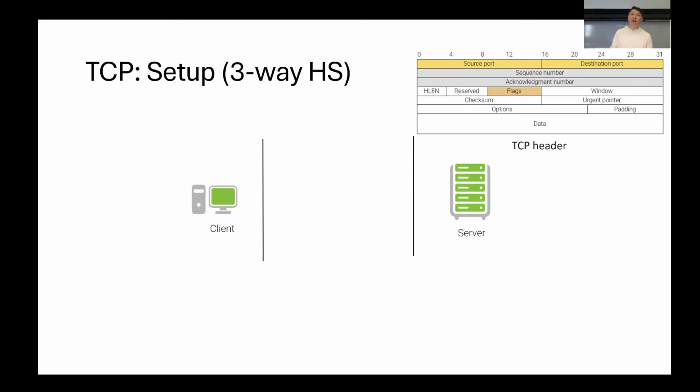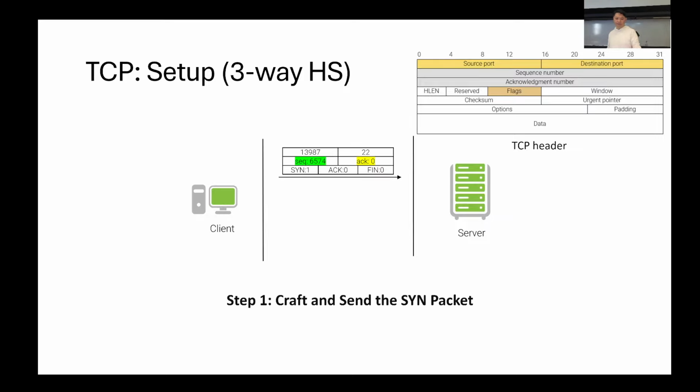So what is the first step to use TCP connections? We call that setup. And in the setup, as I mentioned, there's a three-way handshake. HS means handshake. So the first packet, what is that? The SYN packet. SYN is one of the TCP flags. SYN is synchronize.